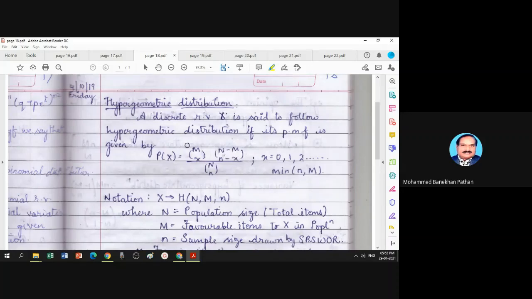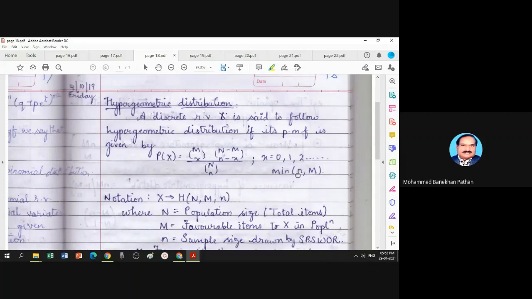These are combinations. Total divided by N choose n. Semicolon, x takes values from 0, 1, 2, and continues, and where does it stop? The minimum of these two values.